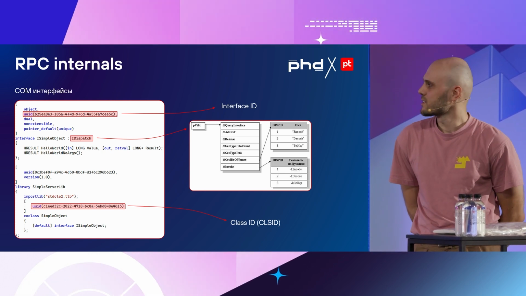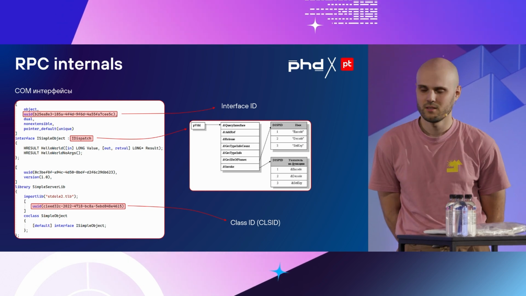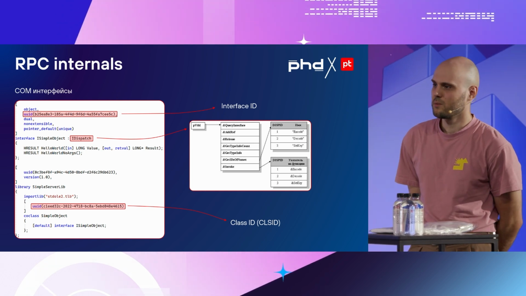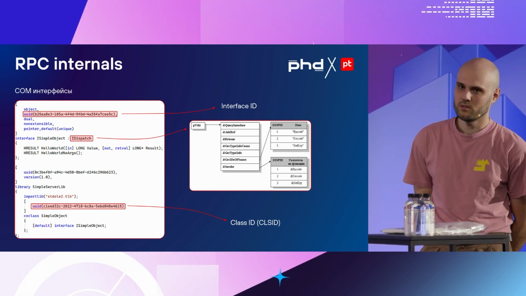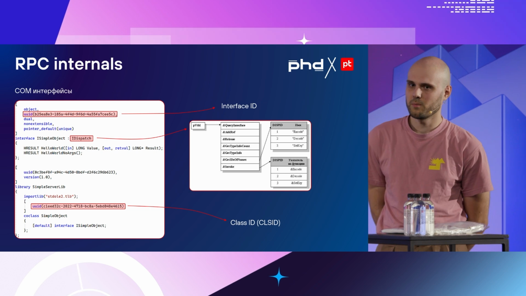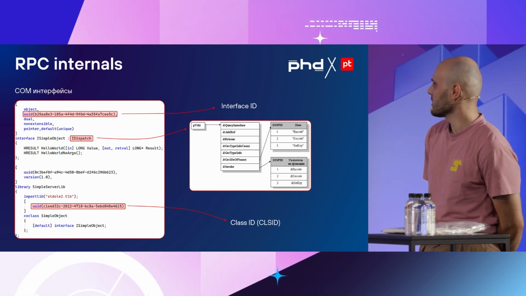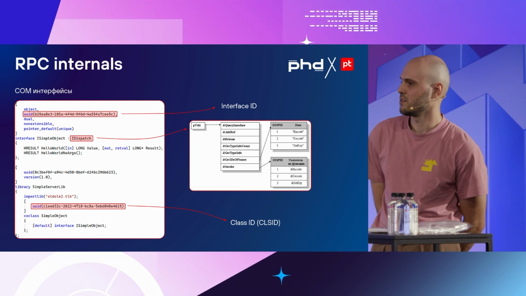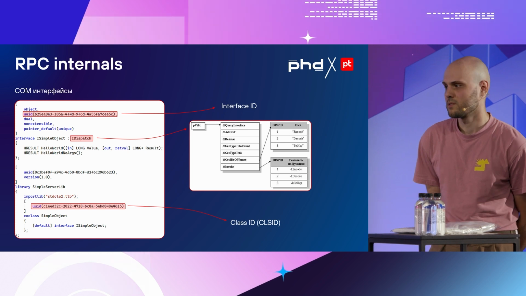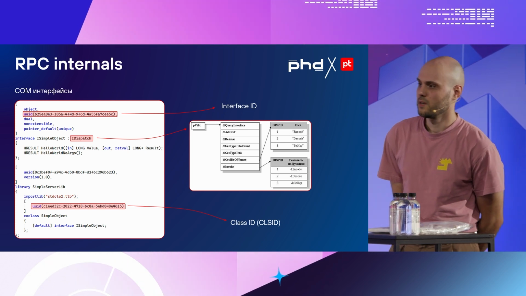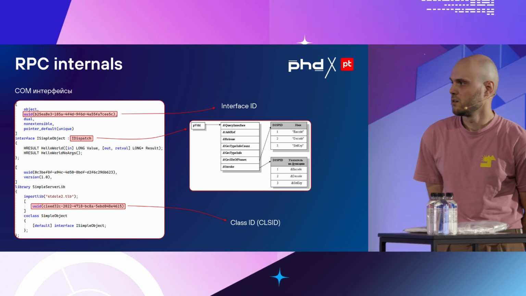Interfaces can be inherited. In the example, I inherit the IDispatch interface, and it's actually special, because using IDispatch here, I can create my interface so that it allows me, without knowing the procedure number, to call it just by name, using get IDs of names, get procedure ID, and then using invoke I can call this function based on the name.